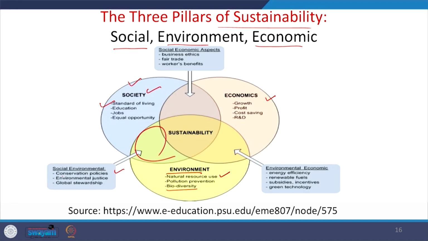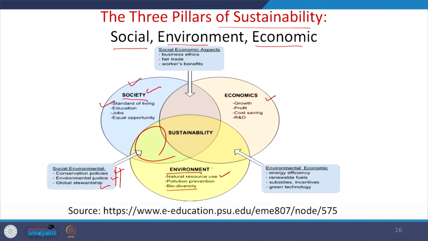Or we can talk about the environmental justice, or we can talk about the global stewardship. So these are the examples which are in the intersection point of the societal sustainability and environmental sustainability.